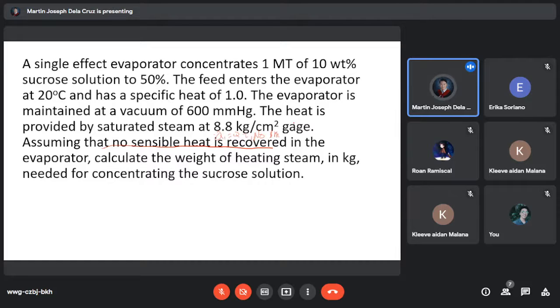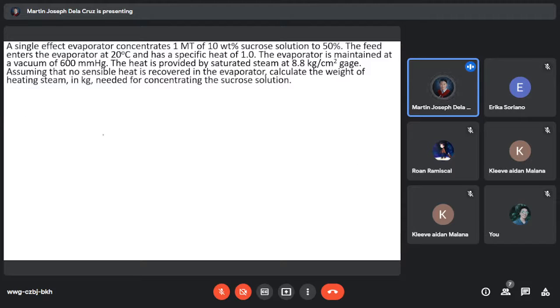Okay? So let's draw your evaporator. So let's say this your feed, may steam ka dyan. And then you have your vapor, you have your L, you have your feed S. A single effect evaporator concentrates 1 megaton.